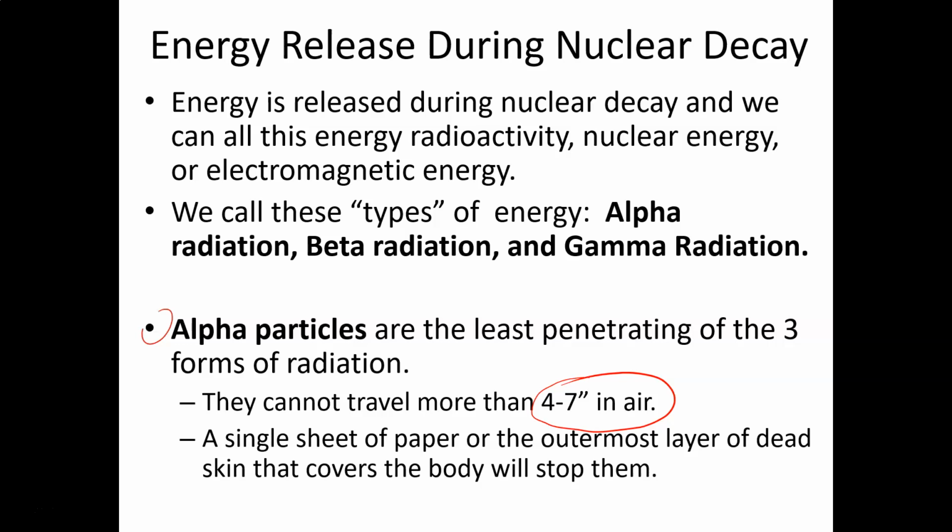The only place they would really be dangerous is if you had a very high concentration, or if you ingested something into your internal body where you don't have that dead skin to protect you. If it was inside of you, that energy that's released could do some damage to your internals. Why would you eat something that's radioactive? Well, you might not know it.